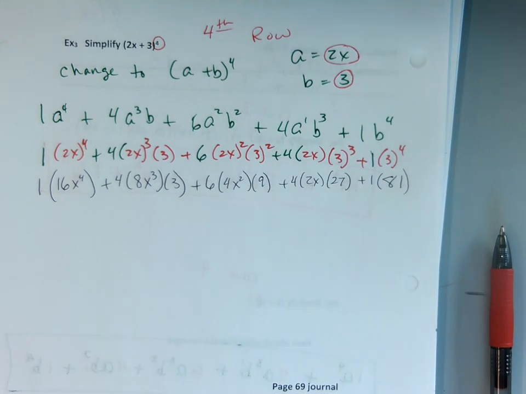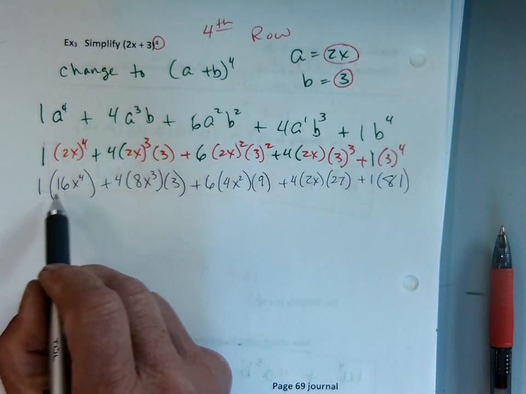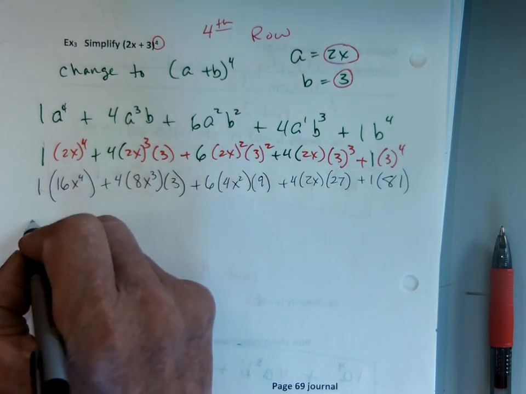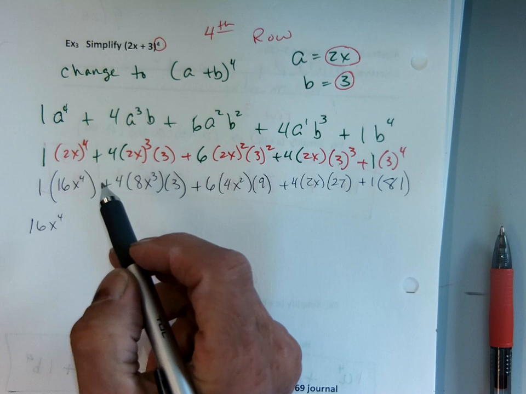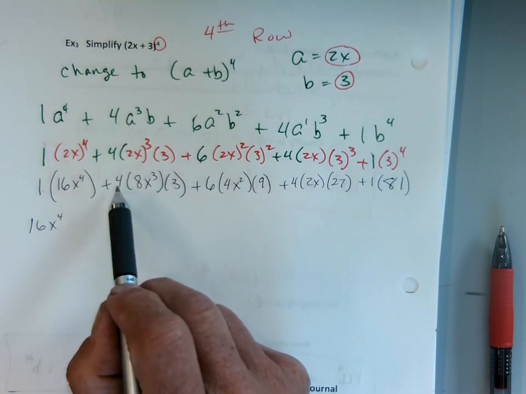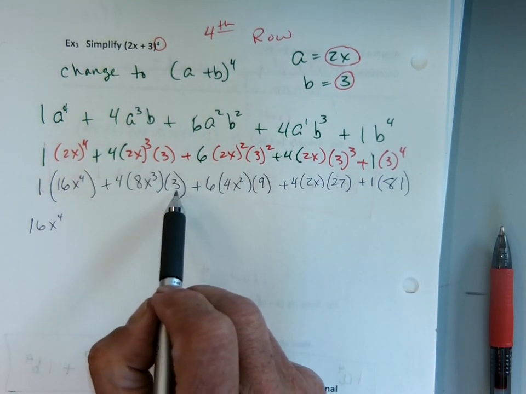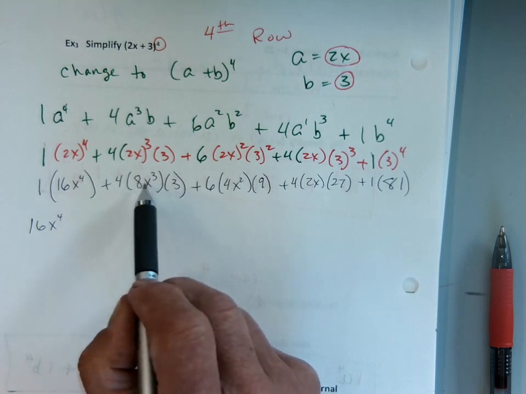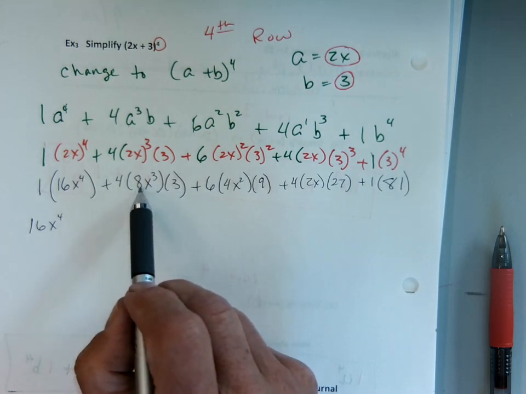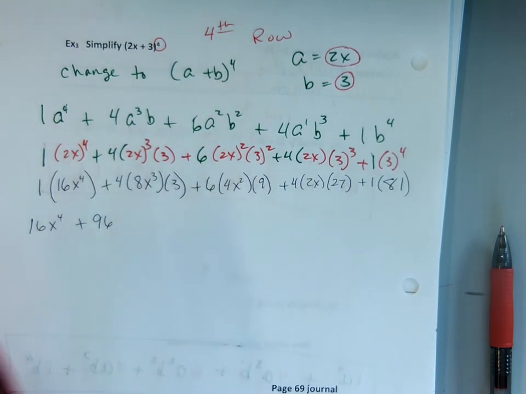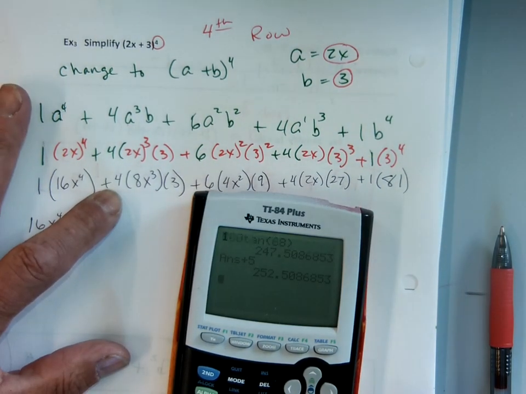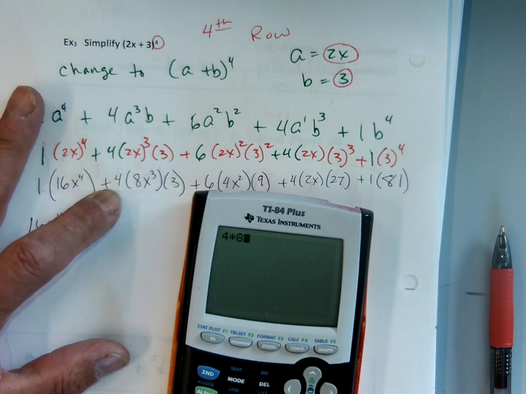Okay, now I'm going to use a calculator on some of these, but I'm just about done. I really am. I'm going to get 1 times 16 is 16x to the 4th. That term is done. I'm going to go 4 times 8 times 3, okay? Use my calculator. I think it's 96. I know it's 96, but I can check: what is 4 times 8 times 3?